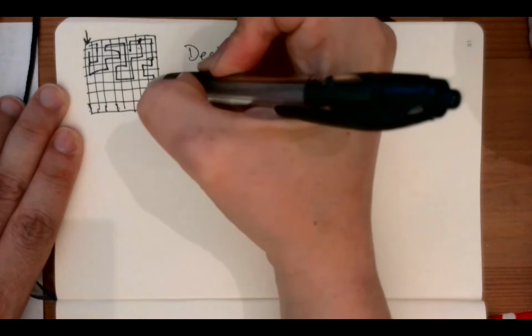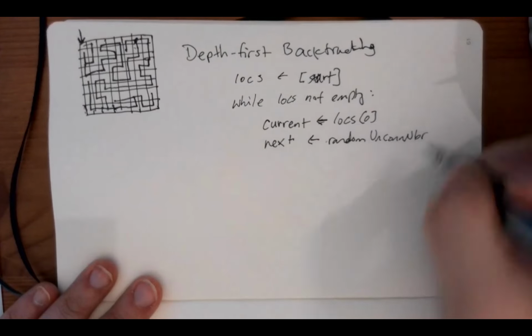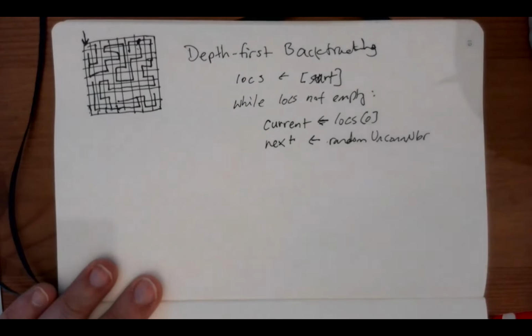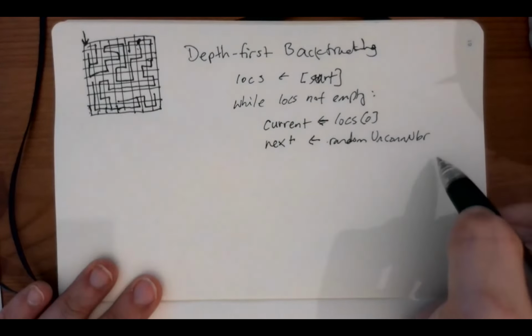going to be some random unconnected neighbor, assuming it exists. Well, not assuming, but rather if it exists, then next will get assigned to a random unconnected neighbor of our current node. And then we check whether that in fact exists.